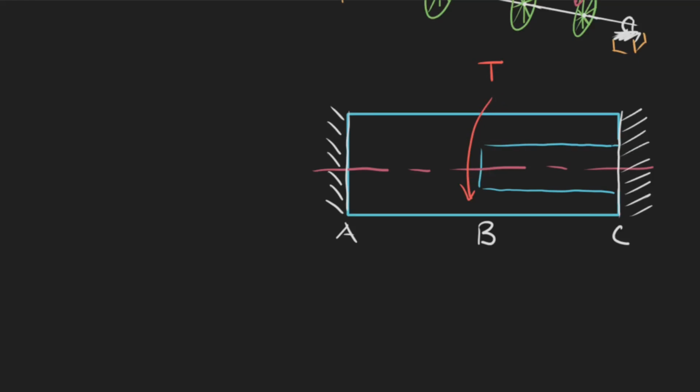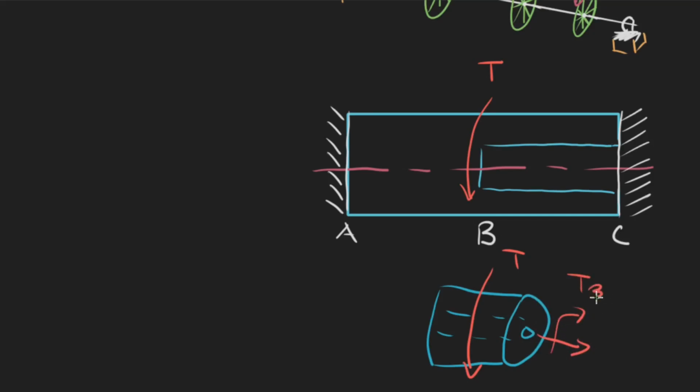Thinking about this, because this whole thing has to be in static equilibrium, if I have some section right here and it's got a hole in the middle and this hole extends through right here, then I can say that my applied torque T has to balance with whatever torque comes on it, the internal torque on this side of it. So we'll just call this TBC, with this torque TAB also being here as well.